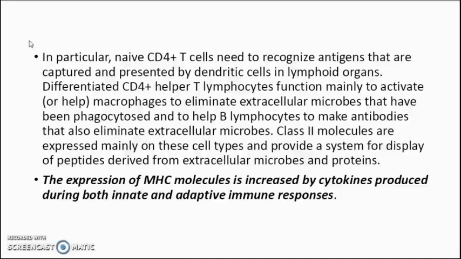Differentiated CD4 helper T lymphocytes function mainly to activate or help macrophages to eliminate extracellular microbes that have been phagocytosed, and to help B lymphocytes to make antibodies that also eliminate extracellular microbes. Class 2 molecules are expressed mainly on these cell types and provide a system for display of peptides derived from extracellular microbes and proteins.